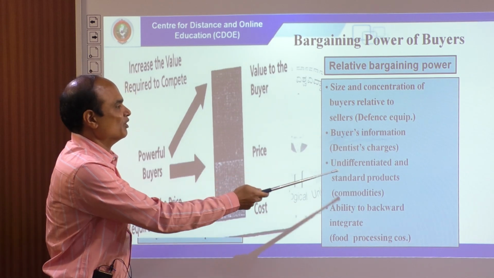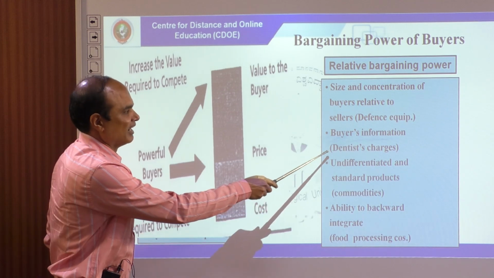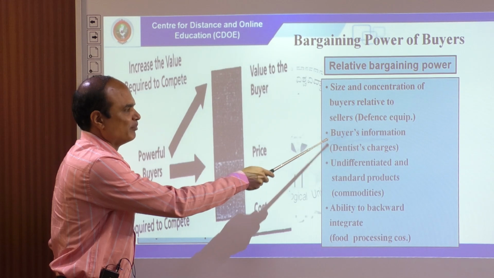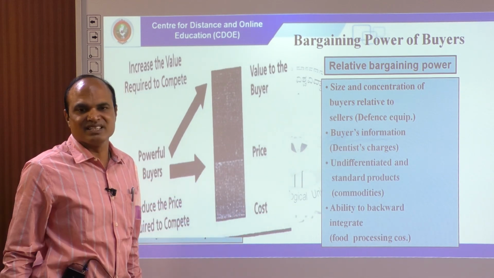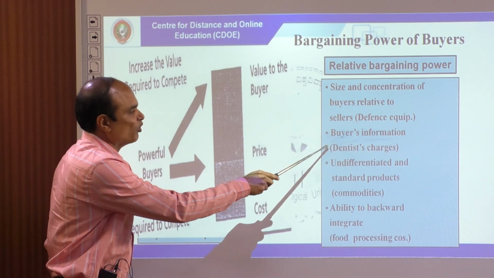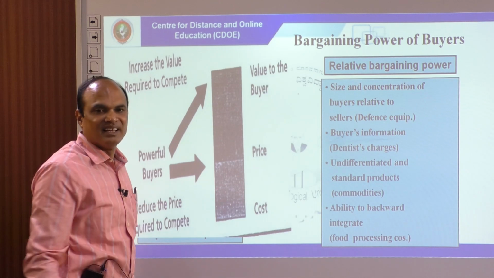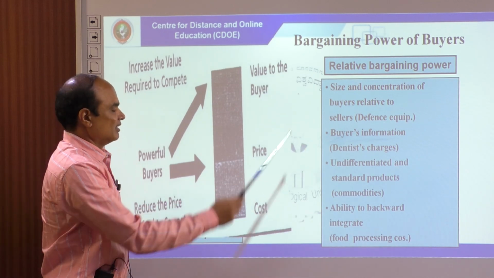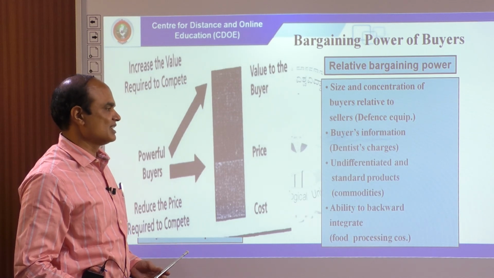So the buyer will have bargaining power, and if he feels this dentist is charging more, he will move on to some other doctor, because dentists are easily available. Then the third one is undifferentiated and standard products.